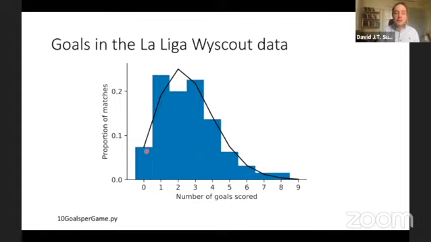This is the probability, the proportion of matches with a particular number of goals. We've got the Poisson curve here. You can do this yourself for the 10 goals per game. We've got the Poisson distribution there. We've got the data here. And it's not a perfect fit, but it's very close to how many goals you get. There's one match here which is overestimated: 1-0 seem to be overestimated in La Liga.